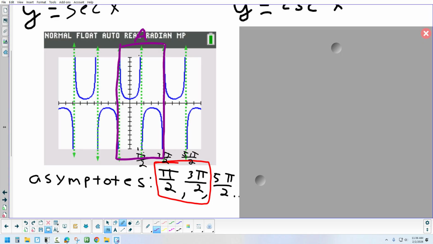Here's a second cycle. I just have to finish that piece and put in another asymptote. Where would that one be?